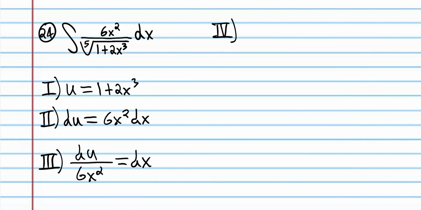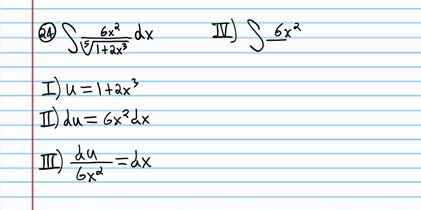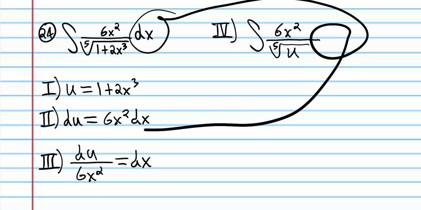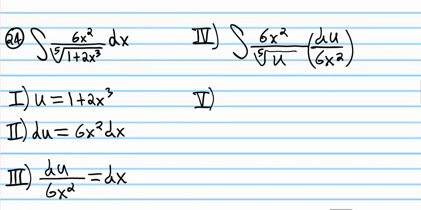Step number 4, we're going to change variables in the integral. So we're going to replace 1 plus 2x cubed with u, and we're going to replace this dx with that expression there. So we have du over 6x squared. And then in step number 5, we're going to cancel out the x's, and it turns out even the 6 cancels out this time.